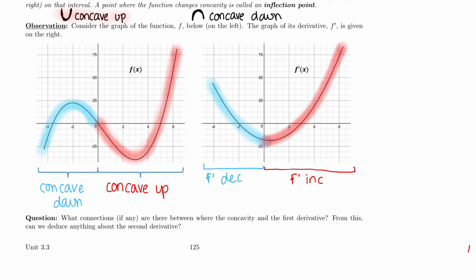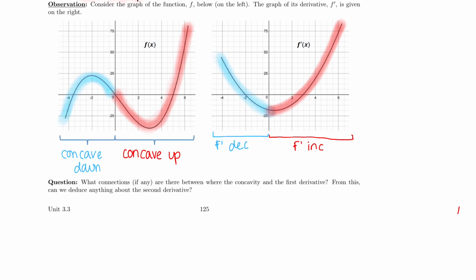So here's kind of the connection that gets drawn. If f is concave up, that means f prime is increasing.